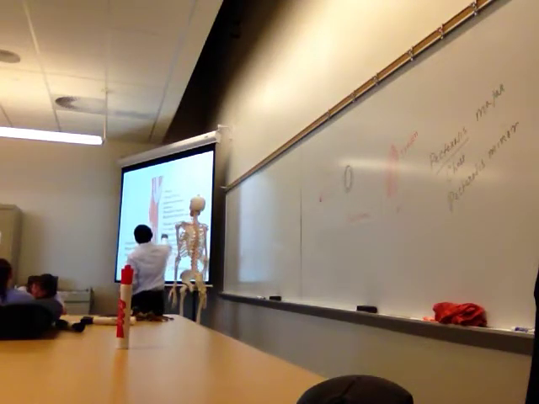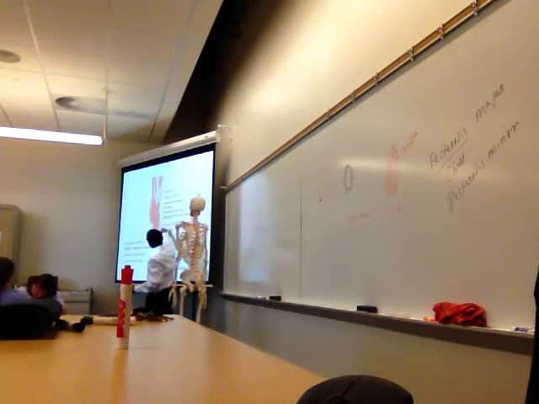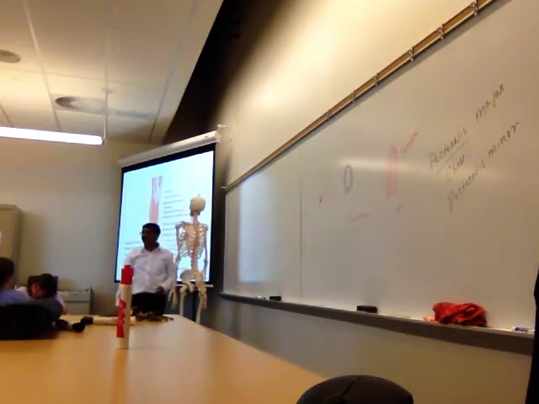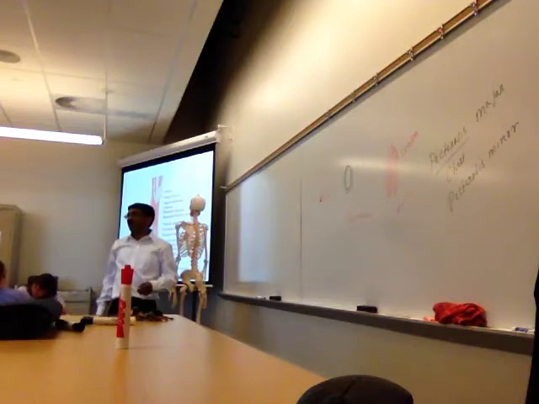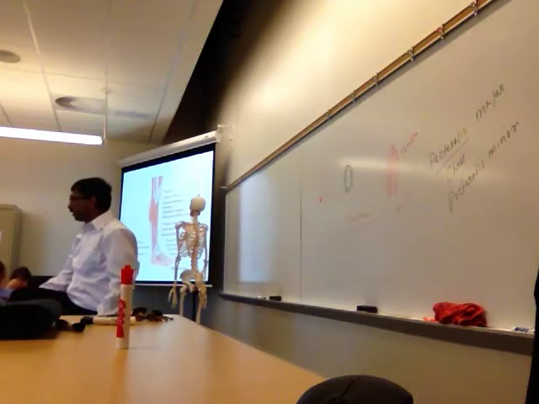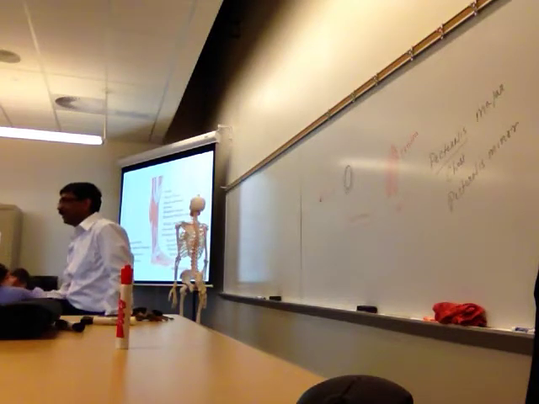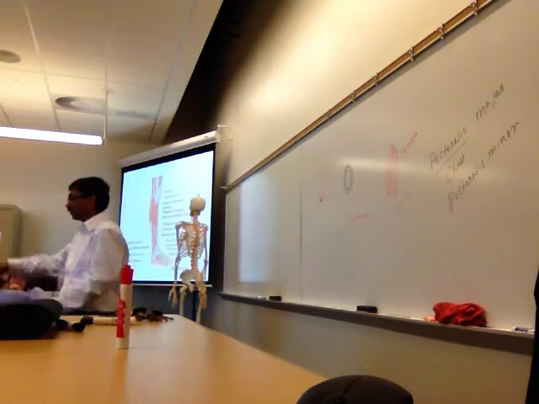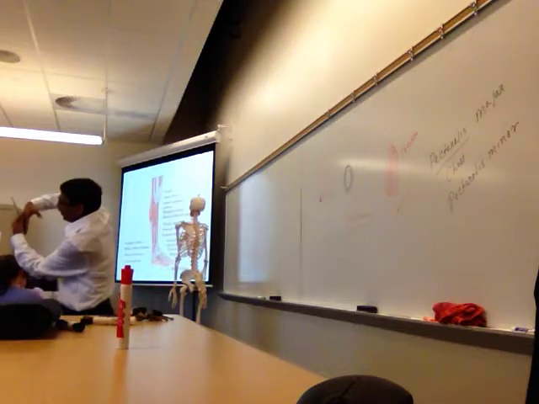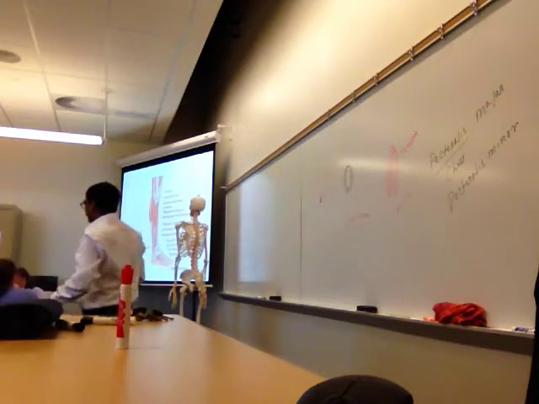Now, in the front of the leg, tibialis anterior. That's the only muscle. If you feel the front of the leg, you will feel the bone. Actually, you don't have many muscles. The only muscle attached to the front of the tibia is the tibialis anterior. So very simple.